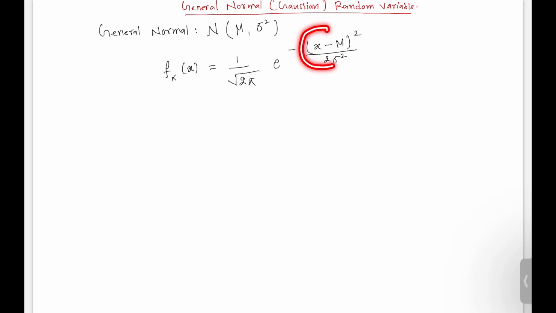So this whole term is the exponent of this e, right? If we look at the plot of this, it will be kind of similar, but this is the constant term, and we have this exponential term.